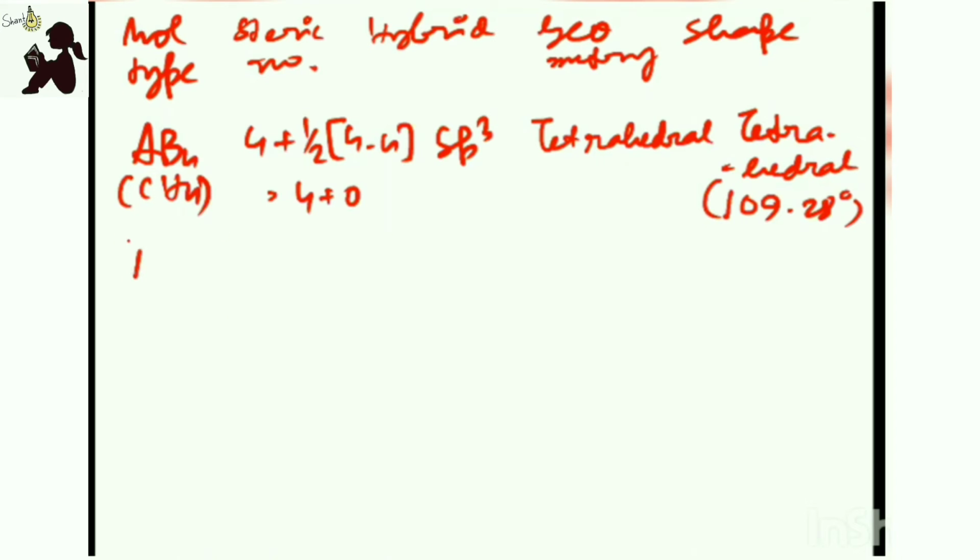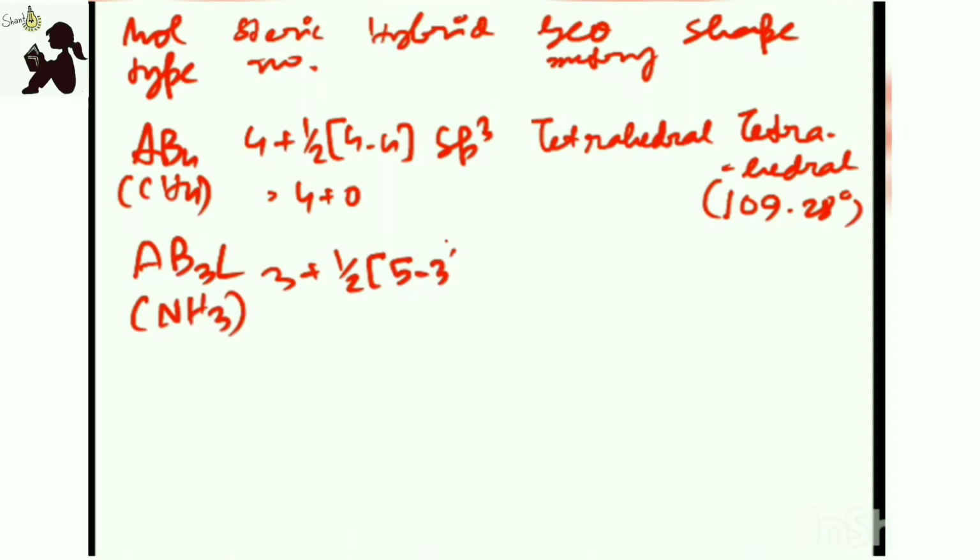For the next type it will be AB3L, that is our NH3. So 3 plus half into 5 minus 3, that will be 3 plus 1, so it has one lone pair. So what happens, its hybridization and geometry remain the same. But in case of shape, what was tetrahedral like this, right?